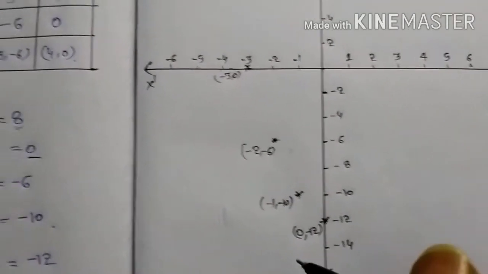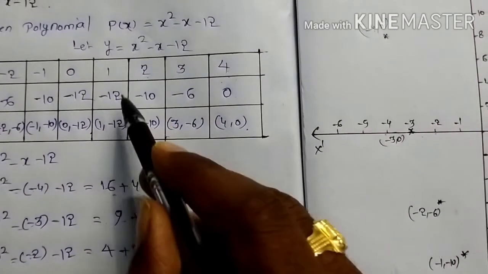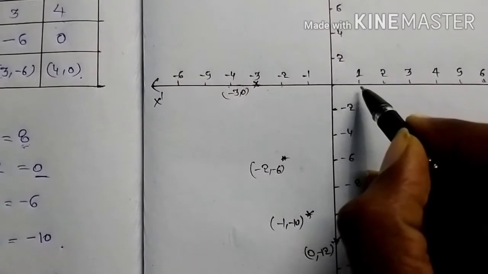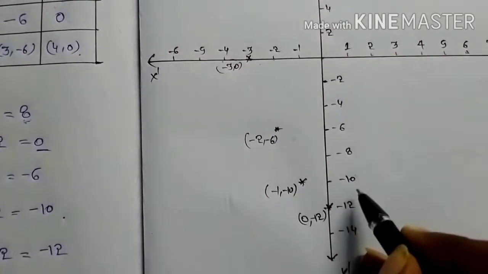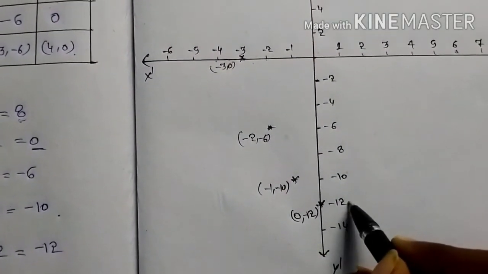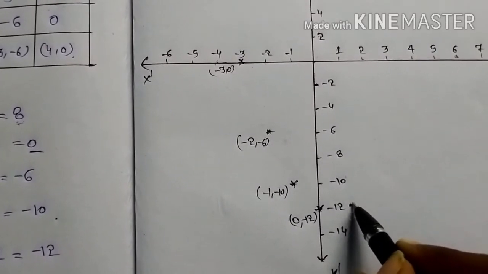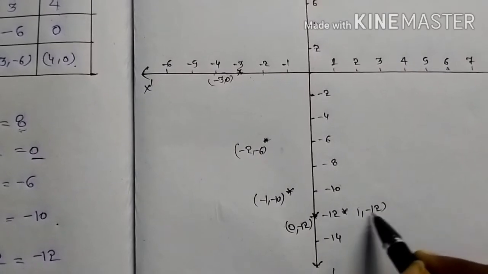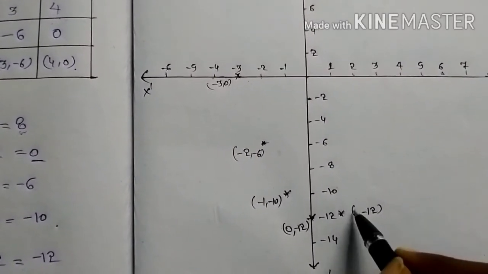Next you can see here 1 comma -12. See here, 1 on x-axis, -12 means you can see here. Exactly. Yes or no? 1 comma -12. It is easy.